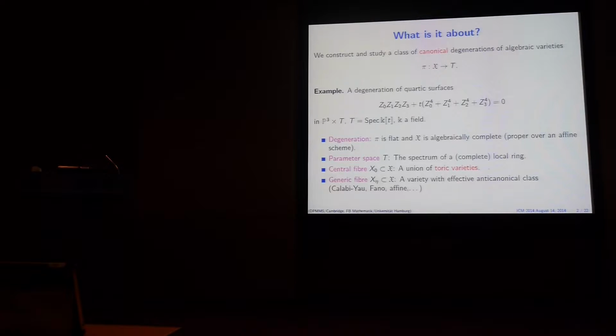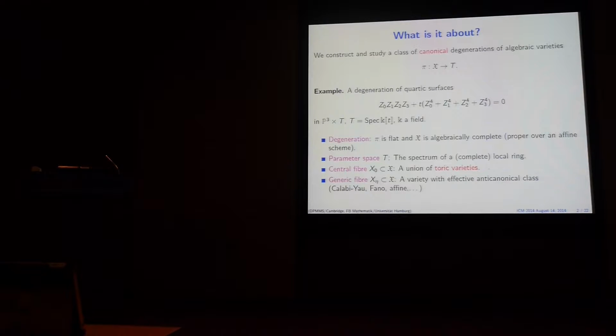Let's say a degeneration of quartic surfaces, product z_i plus t times some z_i to the 4 equals 0, in P3 cross some parameter space. Let's say here we take T equals K double bracket t, K a field. Degeneration technically here means that pi is flat, and in our case X is algebraically complete.